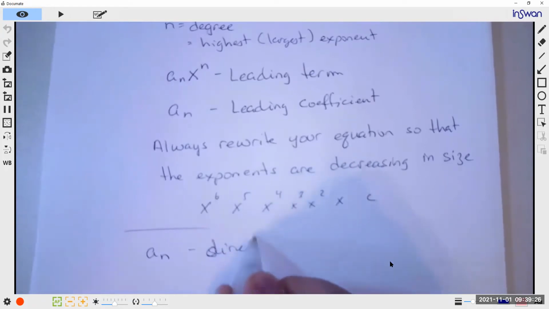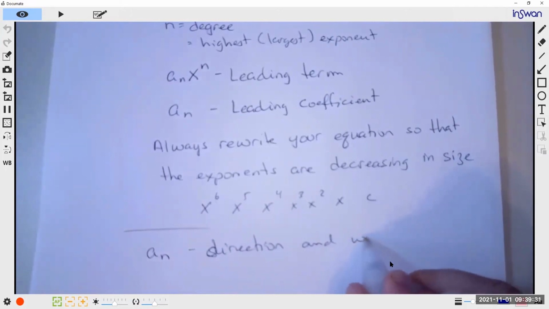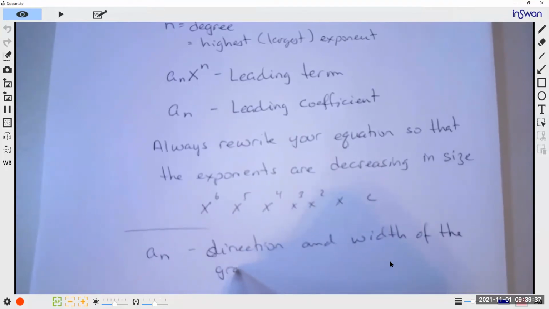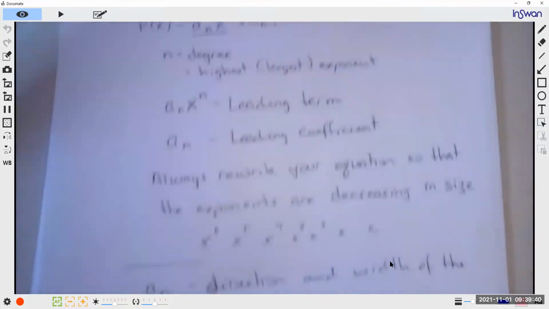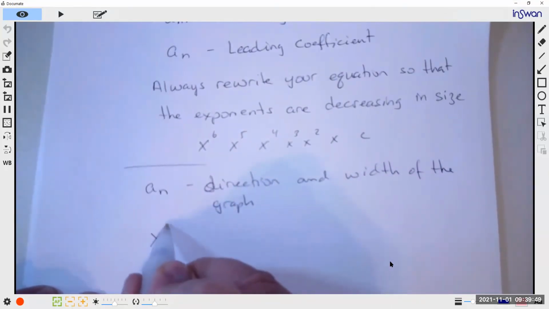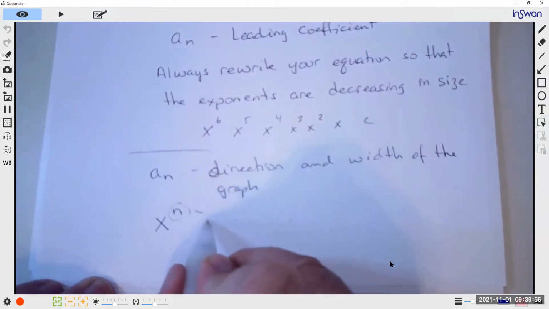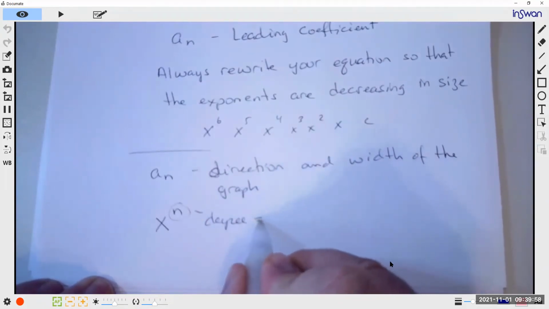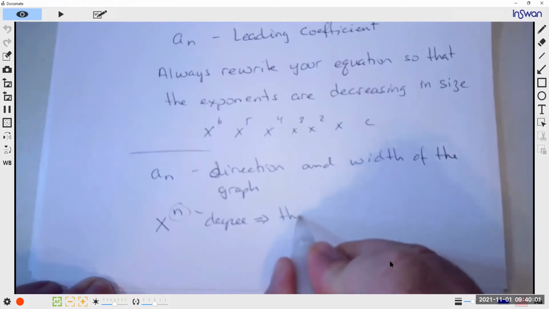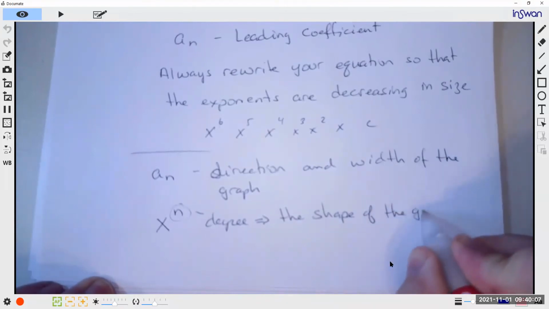This is the direction and width of the graph. The exponent, the degree, tells us the shape of the graph.